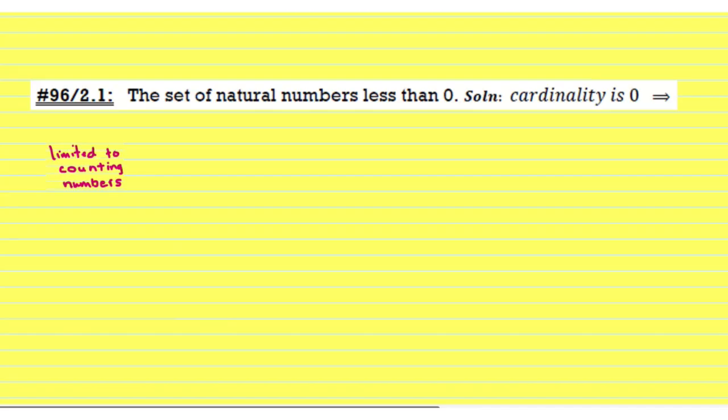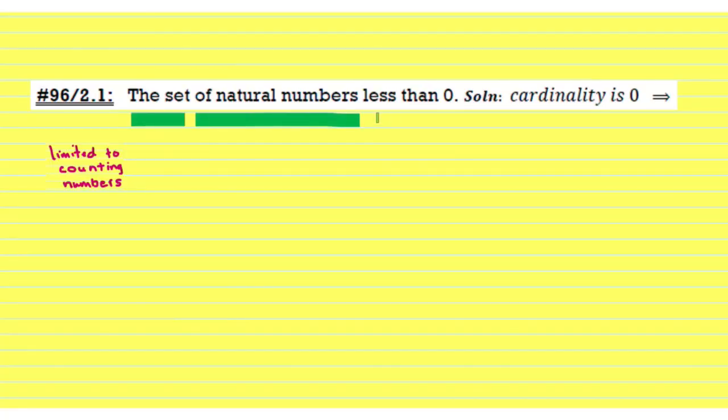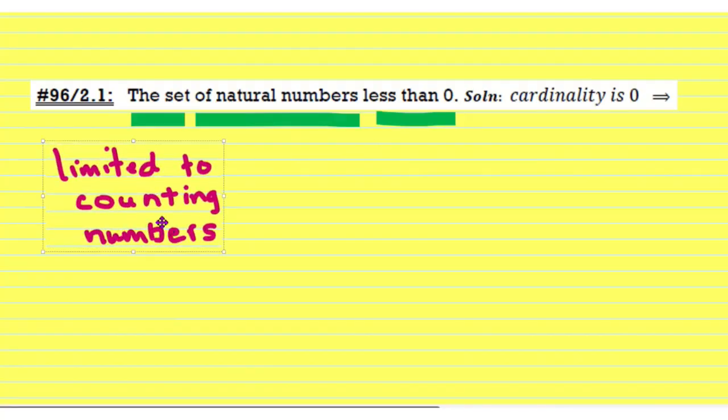Our last problem for this video says that they want us to figure out if this last set is finite or infinite, and it is the set of natural numbers less than 0. And of course, we need to remember that the natural numbers are limited to the counting numbers.